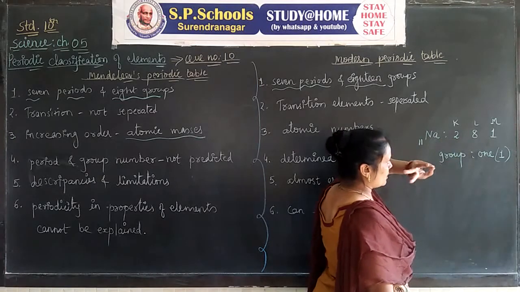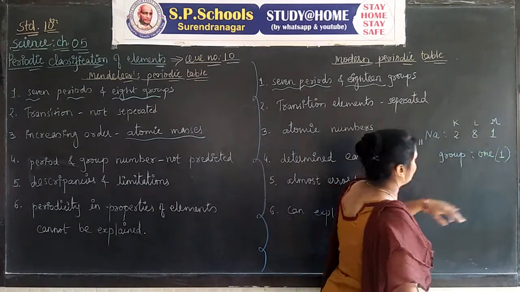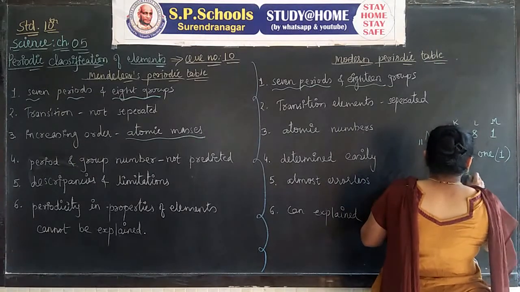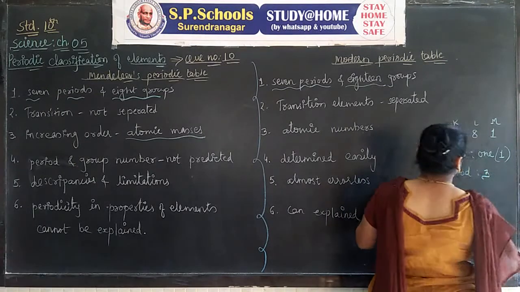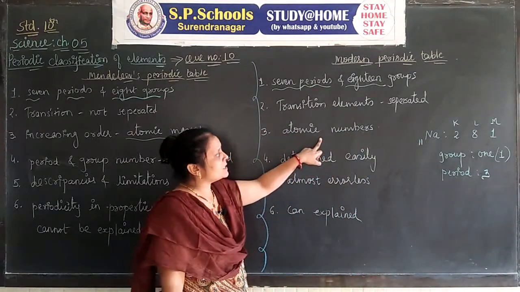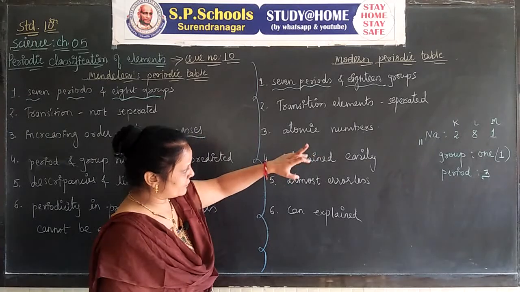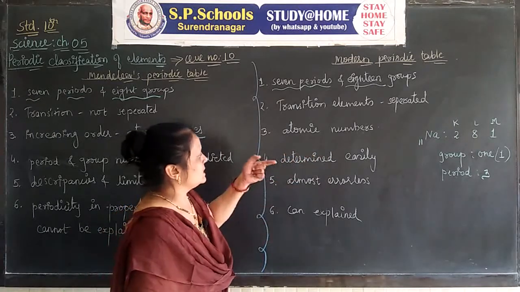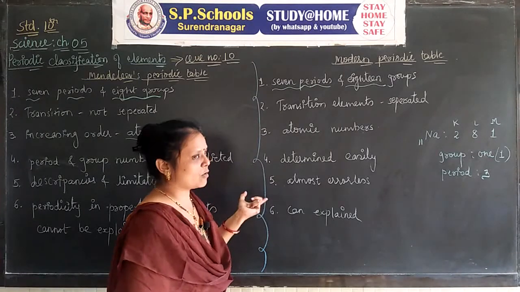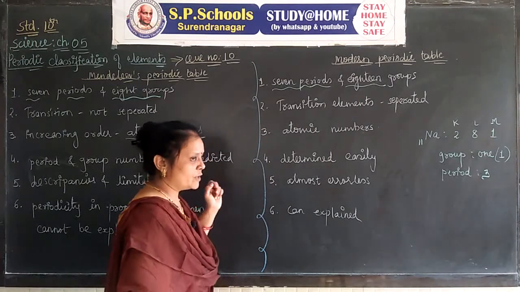According to the number of shells, 1, 2, 3, it is placed in period 3. So with the help of atomic numbers, we can write the electronic configuration and find in which period and which group the element is present.